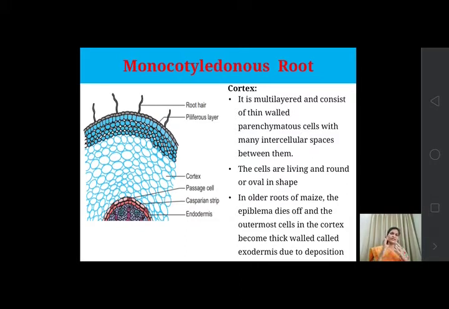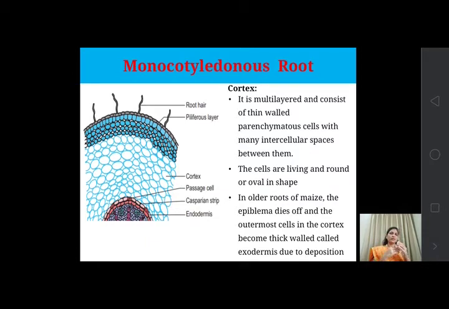In older roots, in the case of maize, the epiblema dies off and the outermost cells of the cortex become thick walled, called exodermis, due to the deposition of suberin material. You can see the blue lined covering, that is known as the exodermis.